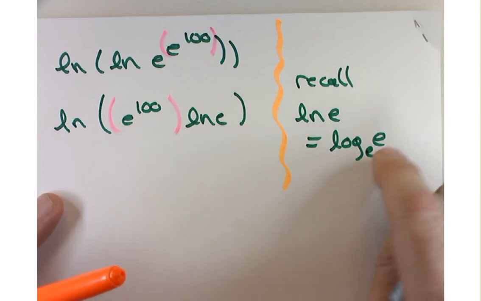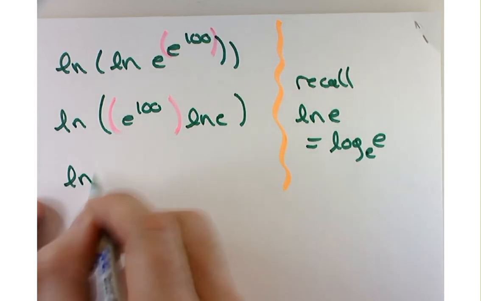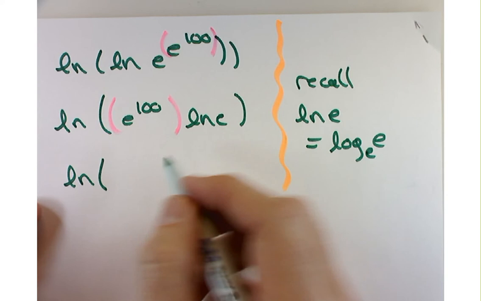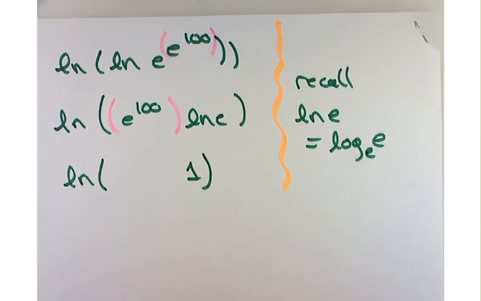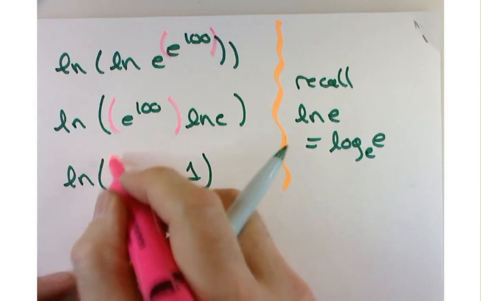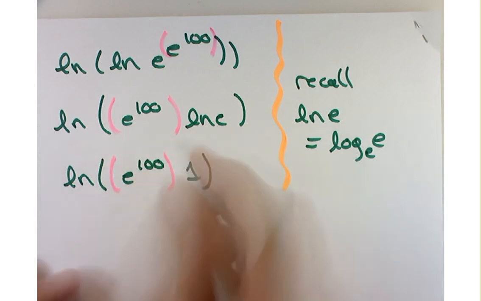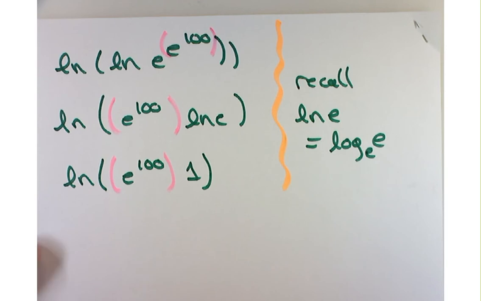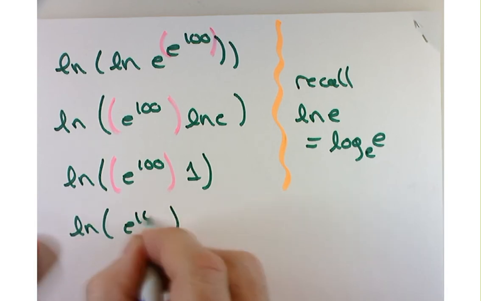So what's log base e of e? It's 1. So e to the 100. So this is just going to be ln of e to the 100.